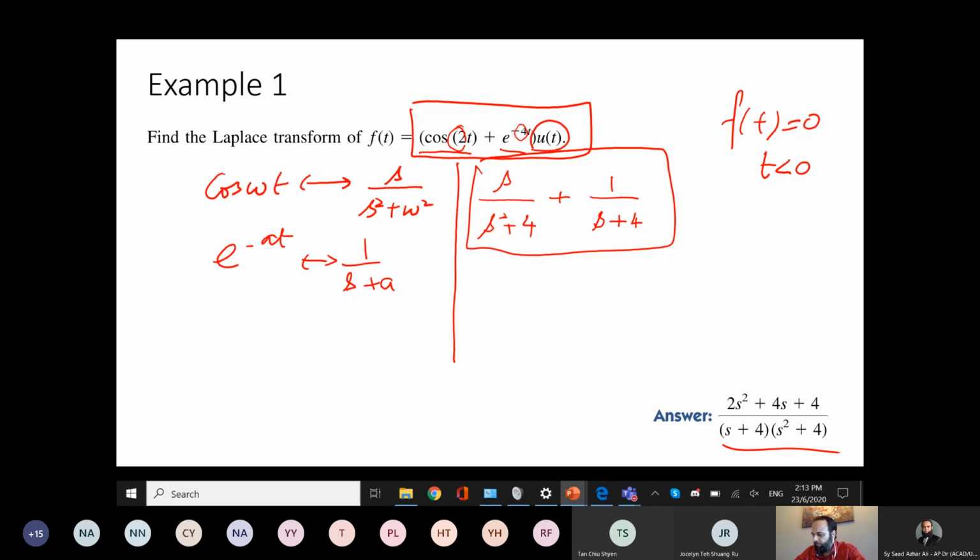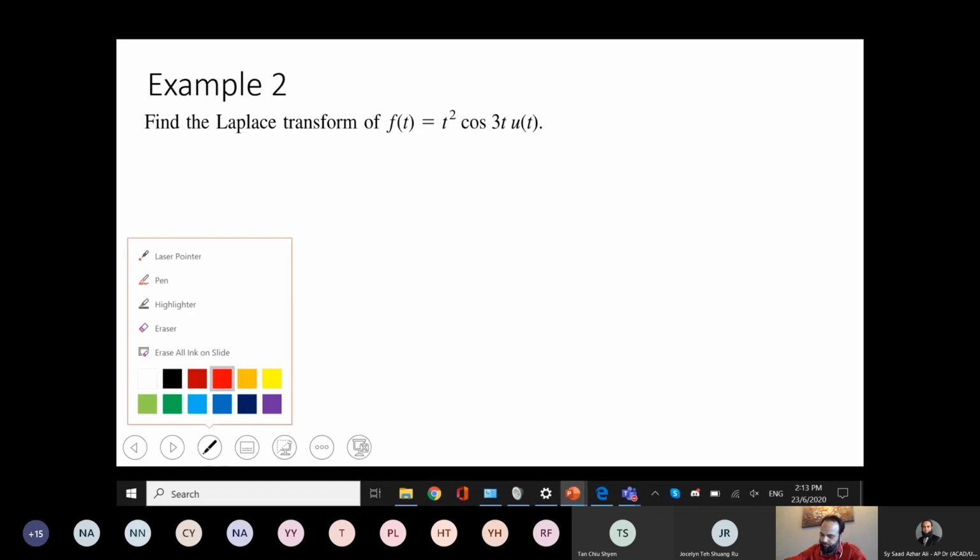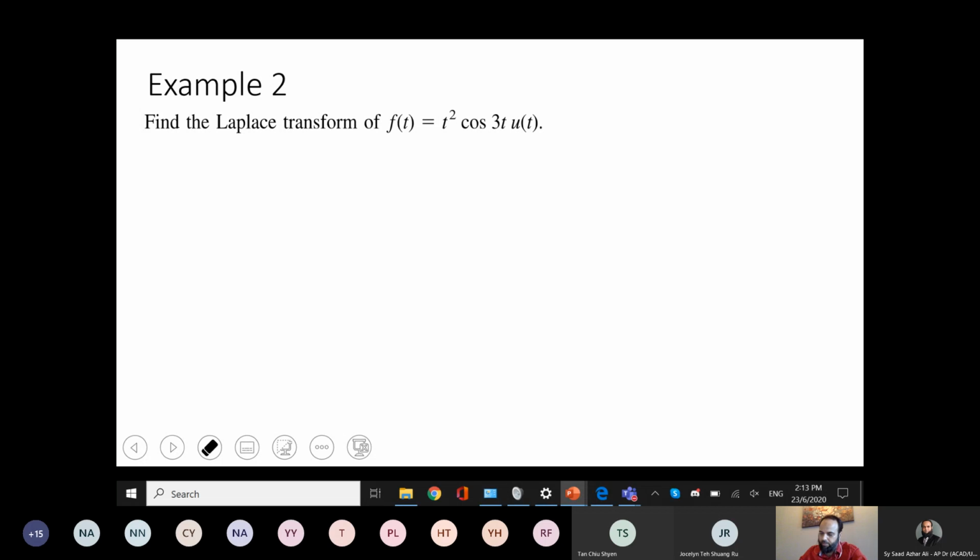This is probably the simplest one. Now, t square cos 3t. Once again, we know that the basic function is cos omega t, which relates to s upon s square plus omega square.